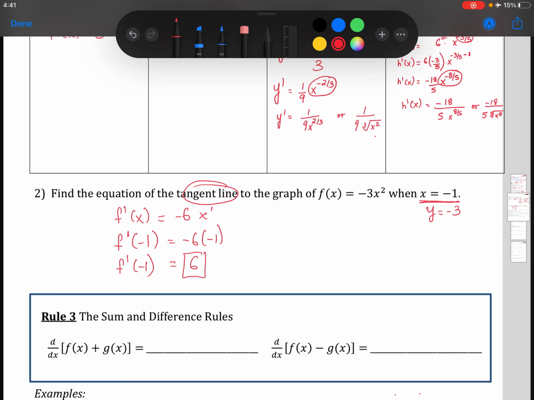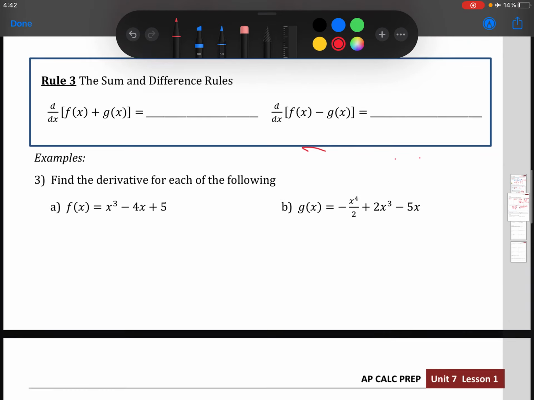Be careful, okay? Not the normal. And you know your point. So I'm going to use point-slope form. It's y minus y1, which is y minus negative 3, or y plus 3, equals 6 times x minus negative 1, which is x plus 1. So that's your equation of the tangent line.